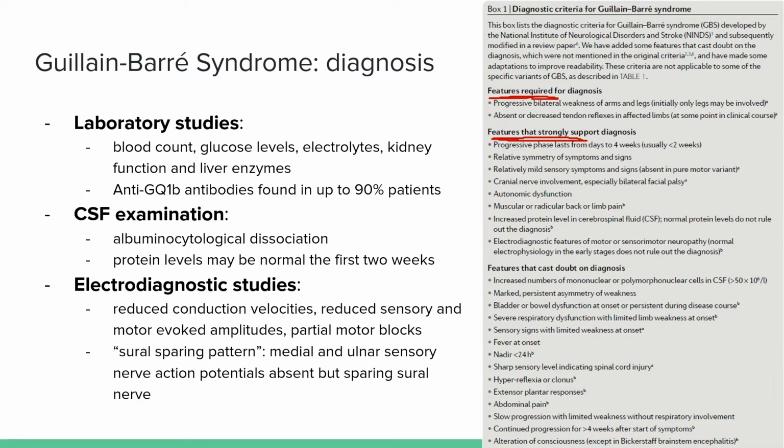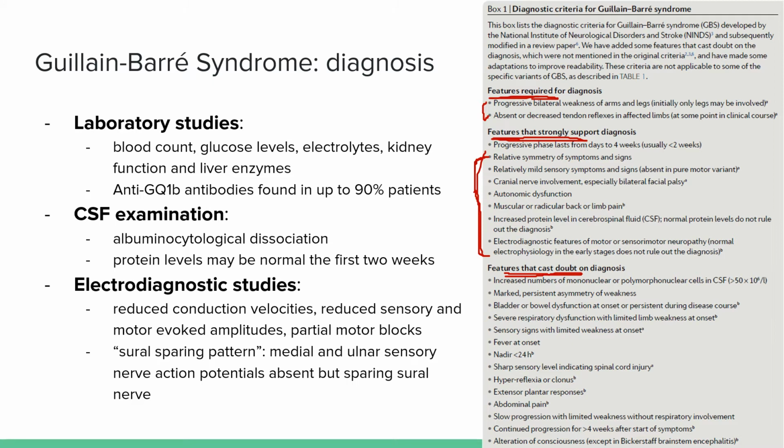So when we see these two features and also some of these, we can diagnose Guillain-Barré syndrome. But when we find features that cause doubt on diagnosis, we can either think of other possible diagnoses, or perform a study that can help us confirm our suspicion.